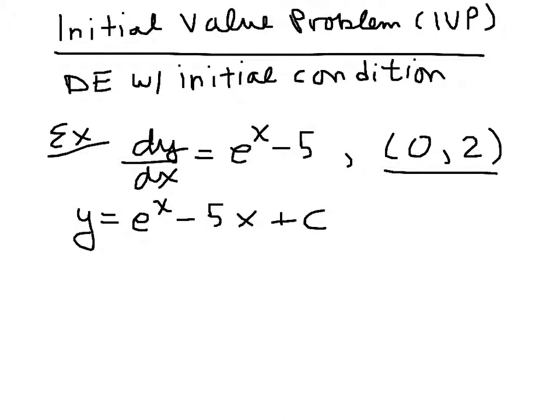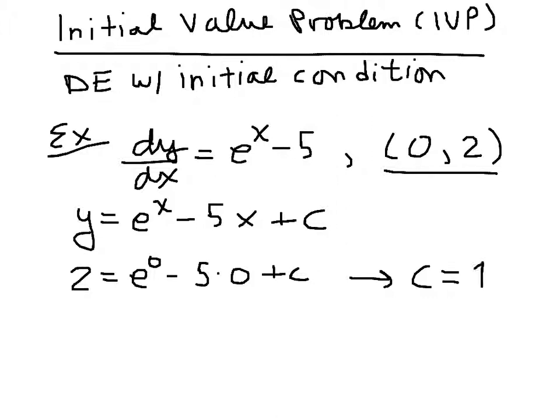And now we use our initial condition. 2 is equal to e to the 0 minus 5 times 0 plus a constant, and that implies that this constant is equal to 1, correct? So therefore our solution is y is equal to e to the x minus 5x plus 1.